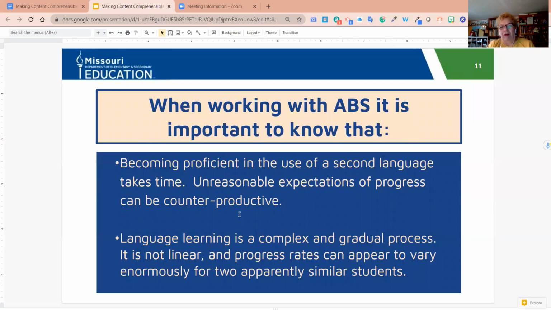When we're working with our ABS, it's important that we understand that becoming proficient in a second language takes time. It's not something that happens automatically. It's not something that's the same for every student. It's not linear, and it has its ups and downs as we progress through it. It's a gradual process, and it's never the same for any two students.